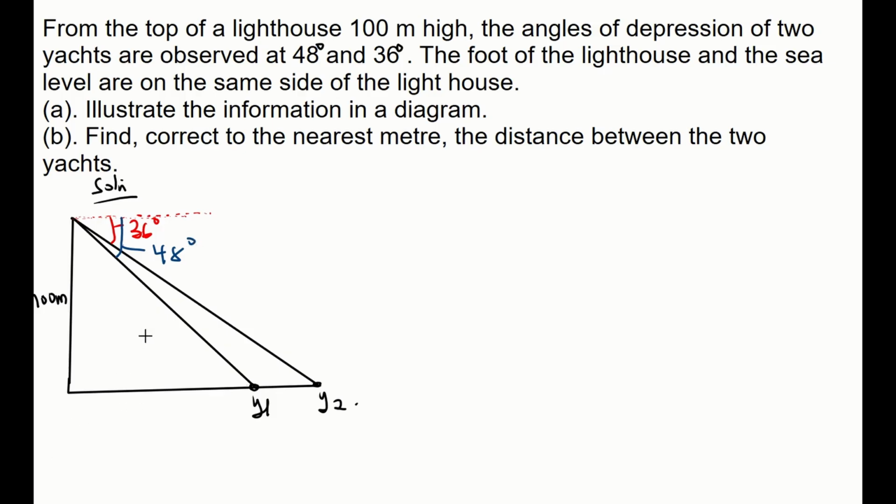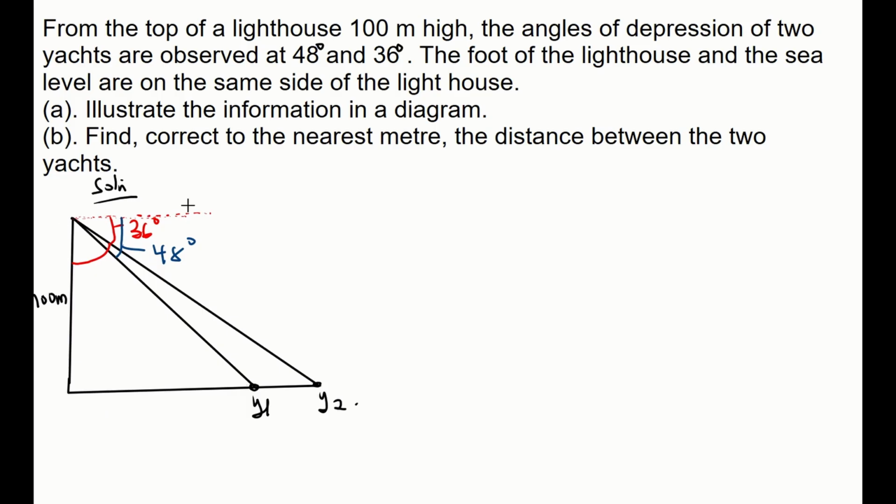But the angle we are going to use is the one inside our triangle. So first, let's consider from here all the way up to the lighthouse. This is 90 degrees.